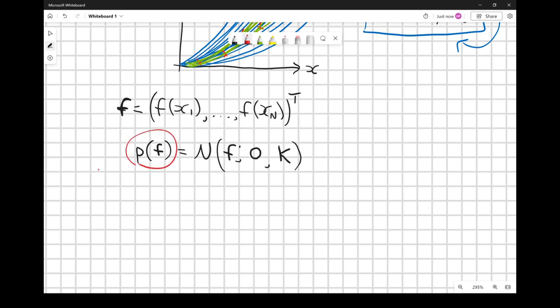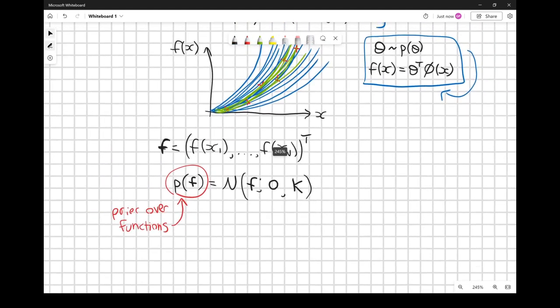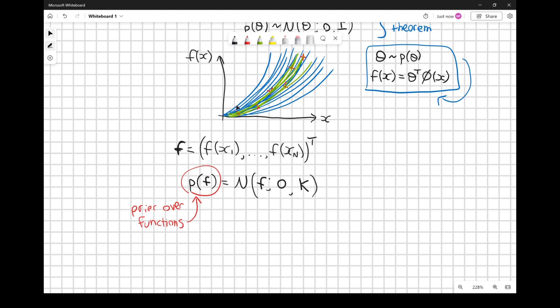This is often referred to in the literature as a prior over functions, which can be a little confusing when you first read it. But essentially all we're doing is proposing a prior over these different potential models directly, rather than specifying a prior over theta and then seeing what effect that has on f.